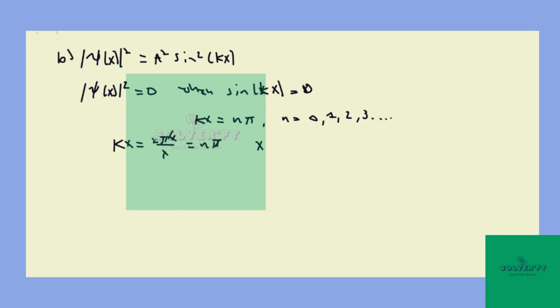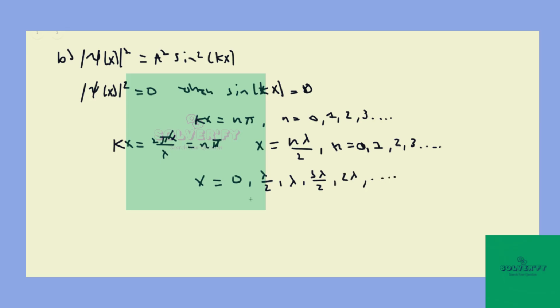These pi's cancel, the 2 comes over, bring over the lambda, so x is equal to n lambda over 2, where n is equal to 0, 1, 2, 3, and so on. So this will occur when x is equal to 0, lambda over 2, lambda, 3 lambda over 2, 2 lambda, going on. And at each one of these positions, the probability of finding the particle will be 0.